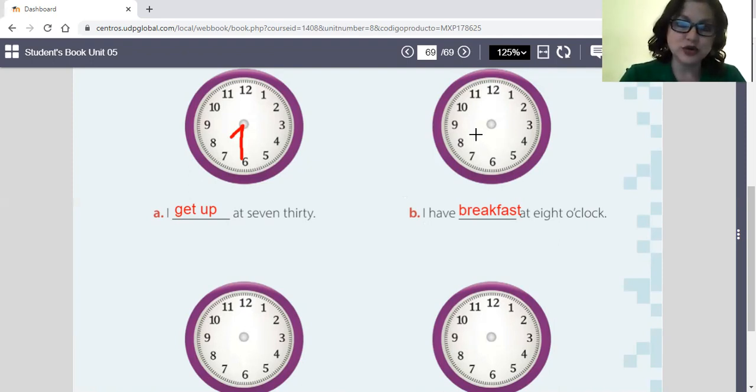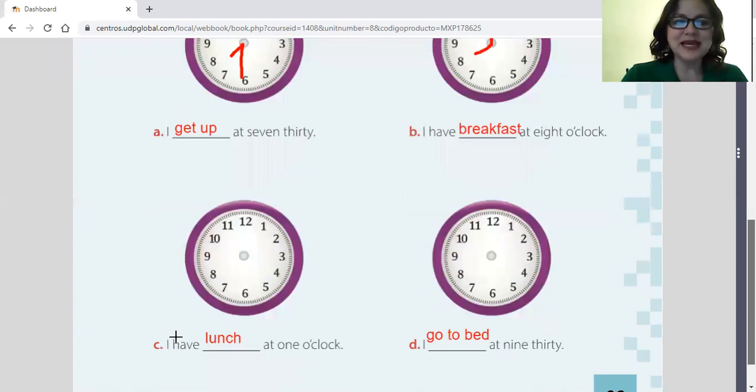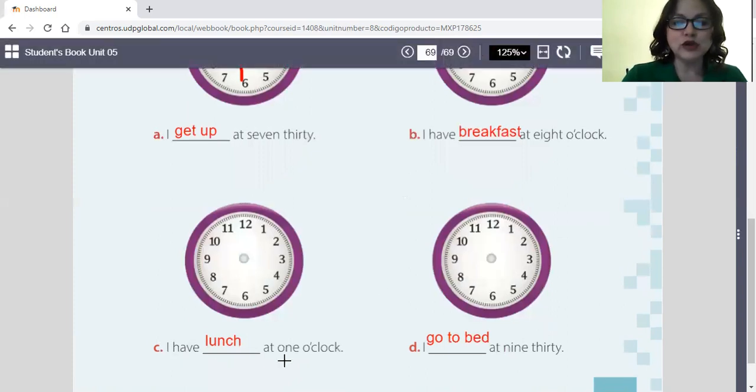So the short hand is on the 8 and the long hand is on 12, right? Letter C, I have lunch at 1 o'clock. So the short hand is on the number 1 and the long hand is on number 12, right?